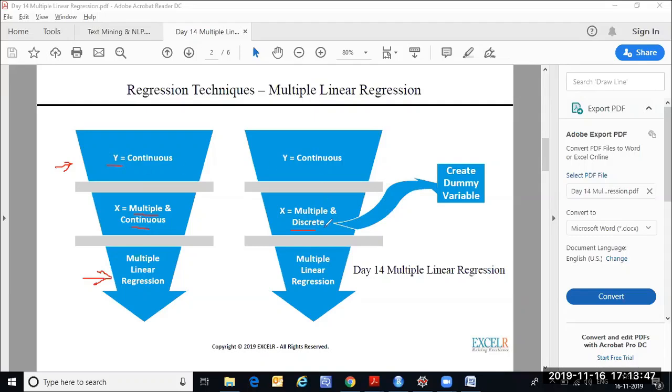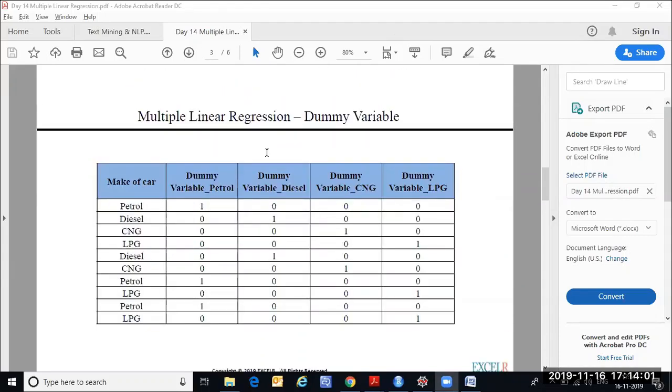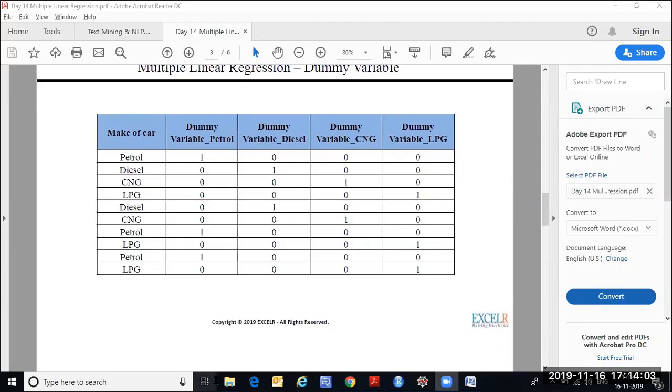But if you have the discrete data, you need to convert them into the dummy variable. You already saw, right, how to convert the categorical data into dummy variables. And this is the right way of converting into the dummy variables.